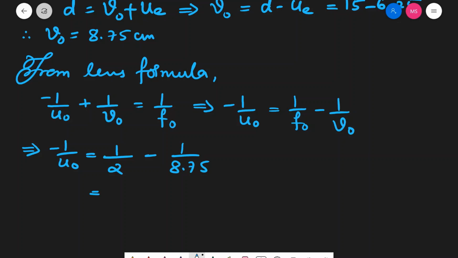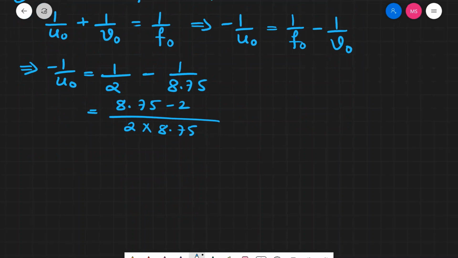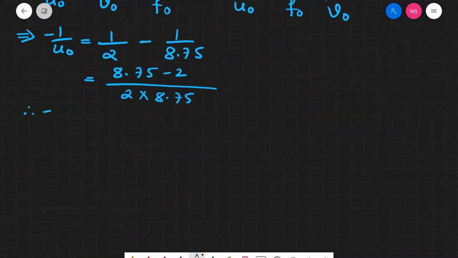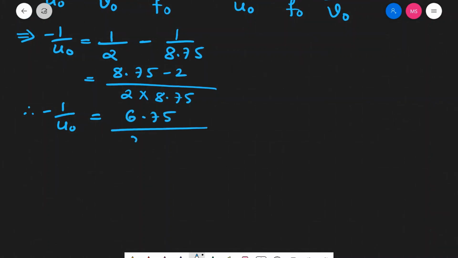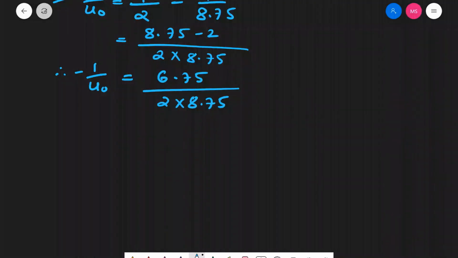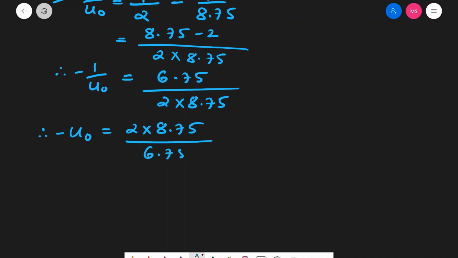So if you simplify this, we can say that it will be 8.75 minus 2 over 2 into 8.75. So therefore minus 1 by UO will be equal to 6.75 over 2 into 8.75.